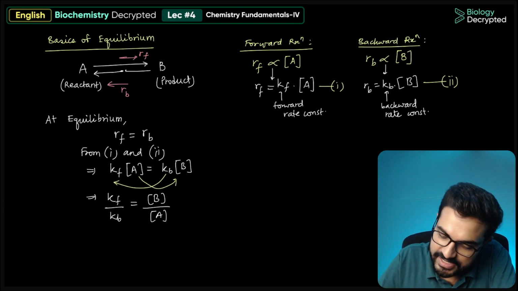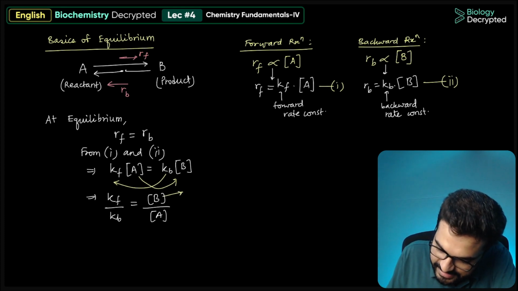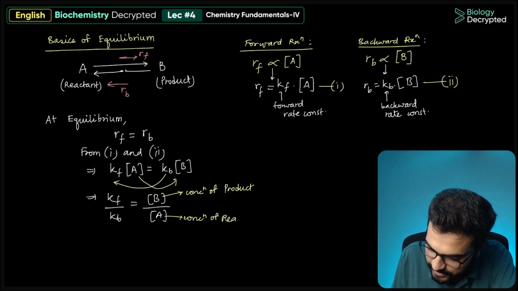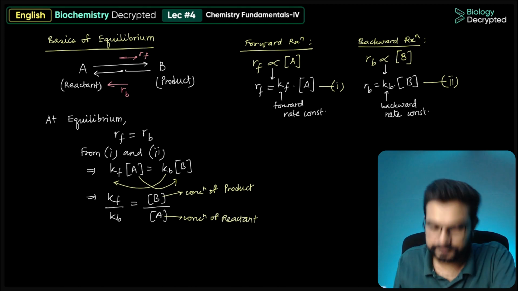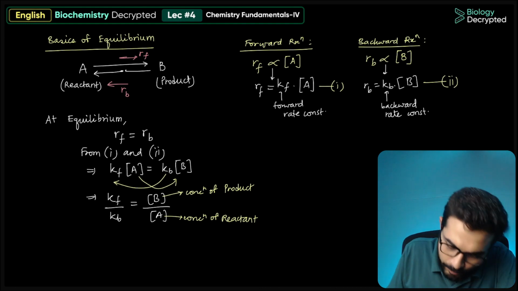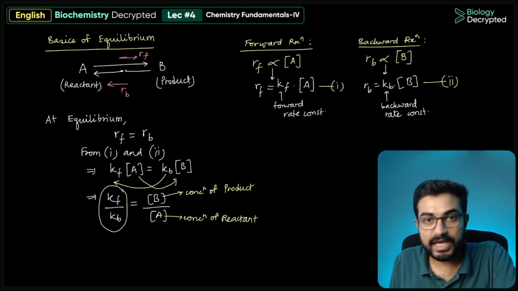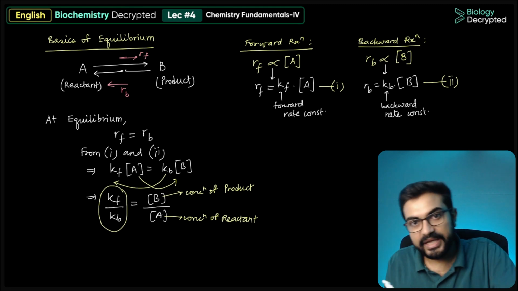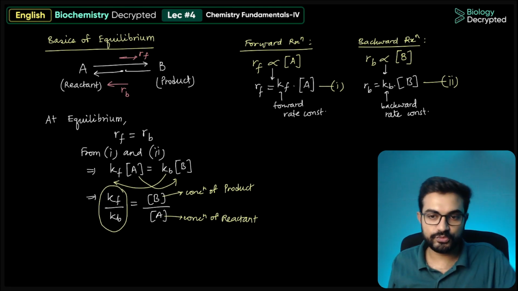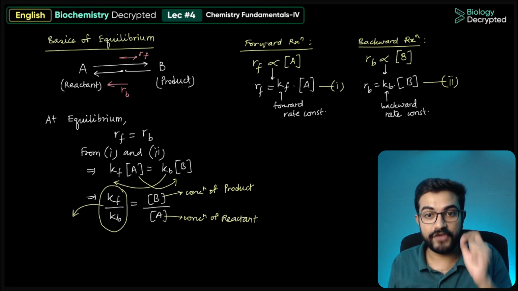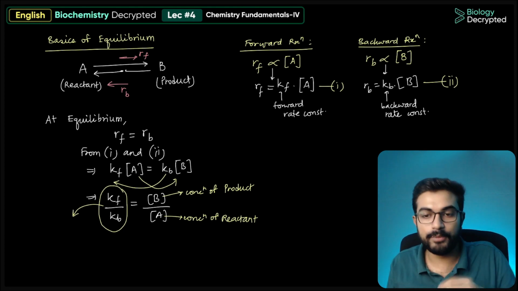Now this is the concentration of product, and this is the concentration of reactant. Both Kf and Kb are constants. By combining these two constants, we get another constant, and this constant is very important from the equilibrium point of view.